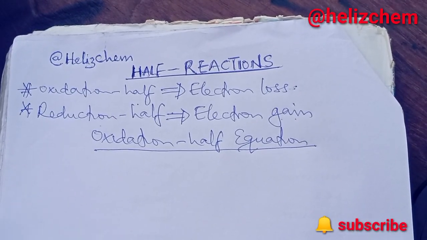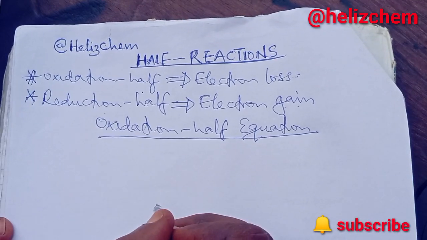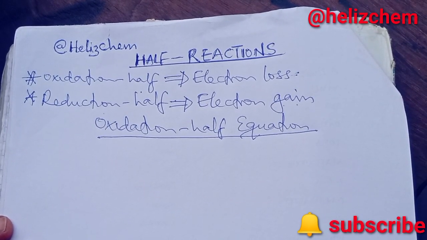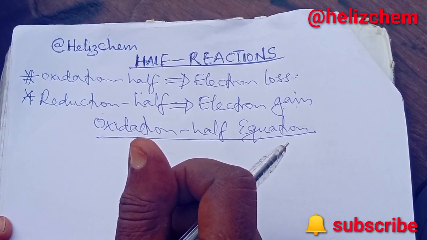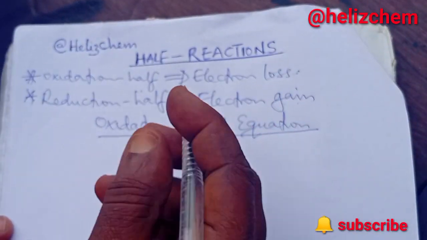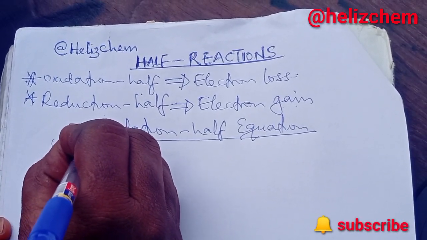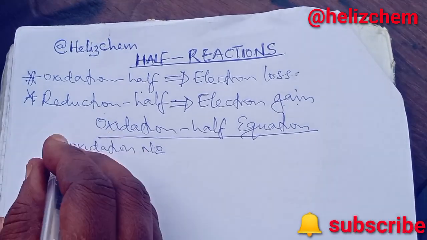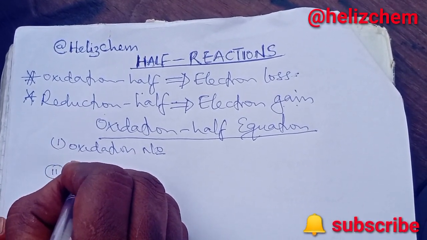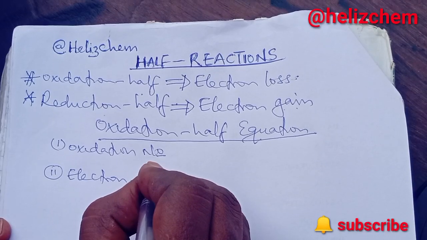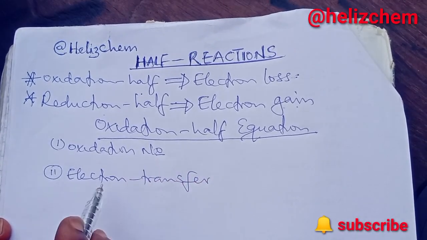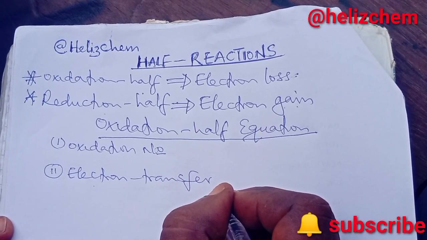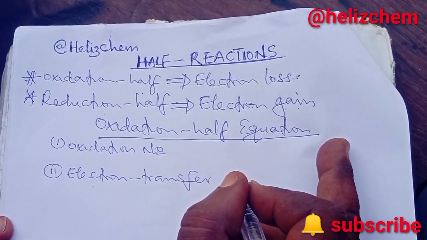If you want to write an oxidation half equation, you will consider the definition of oxidation in terms of 1, oxidation number, and 2, in terms of electron transfer. These two definitions of oxidation will help you in writing the oxidation half equation.